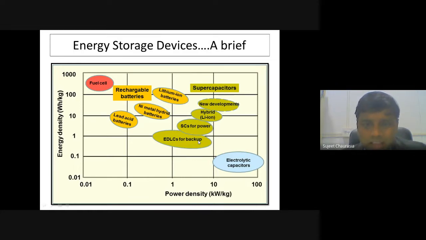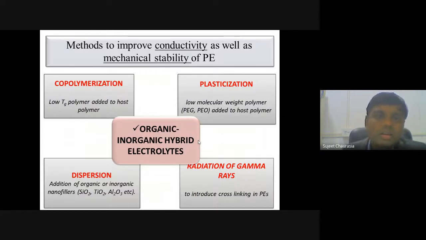In order to enhance the performance of the electrochemical device, we have to simultaneously increase the energy density along with the power, without compromising the power density of the electrochemical devices. In electrochemical devices, as I have already said, the electrolyte is the main component, because it carries the ions between the cathode and anode during the charging and discharging process.